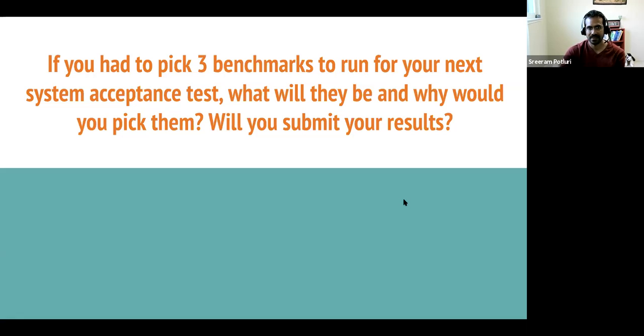The second is a library-level benchmark, like all-reduce and all-to-all, that stresses the communication pattern. And the third would be the workload, and that's where I'd look for Verónica and team to suggest what application workload we should run. So picking one at each of the levels is what I would do.